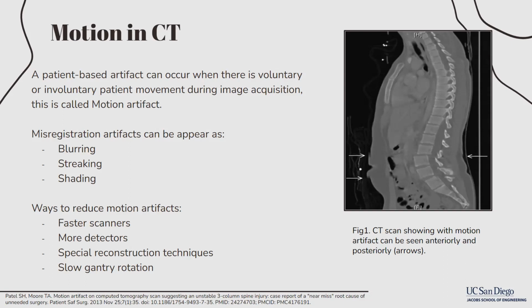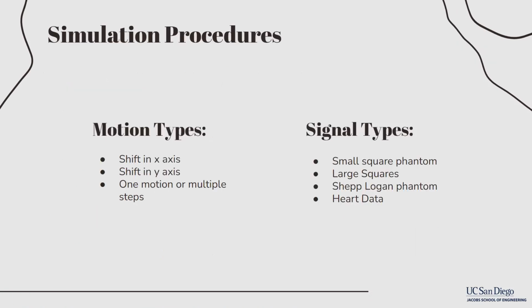On the right, you can see a motion artifact at the two sliding arrows, where a physician could make a false diagnosis on the patient when the patient is actually fine. There are several ways to reduce motion artifacts, including faster scans, more detectors, special reconstruction techniques, or just slow, accurate evaluations. In our simulations, we're shifting the input along the x-axis and the y-axis.